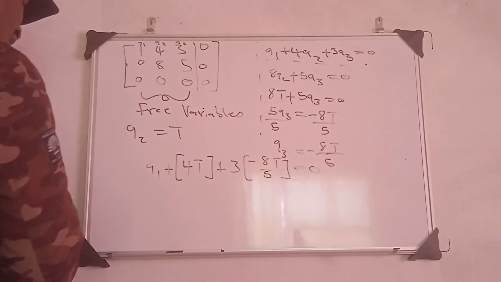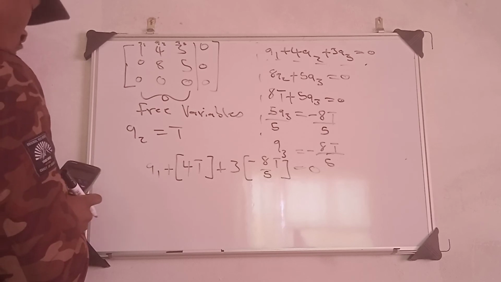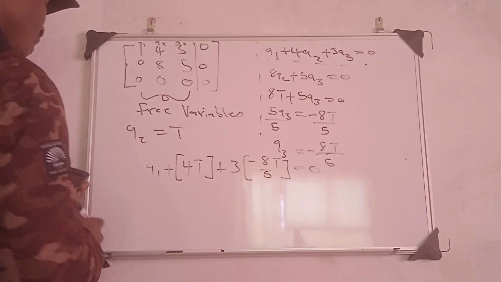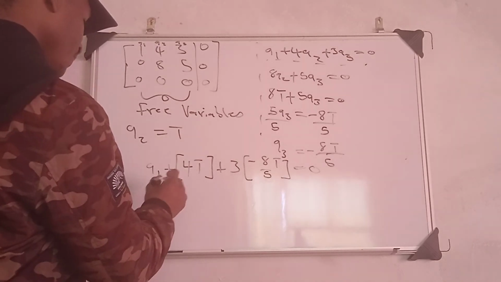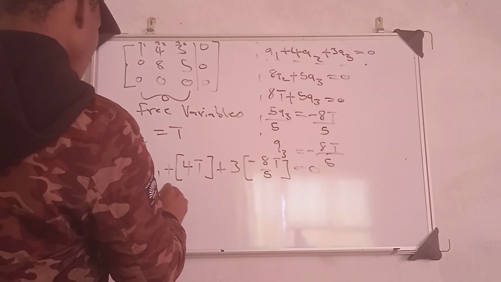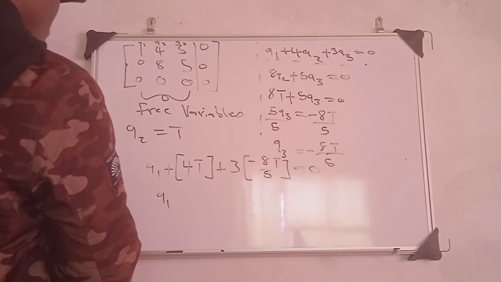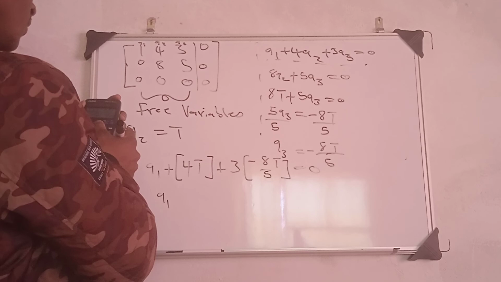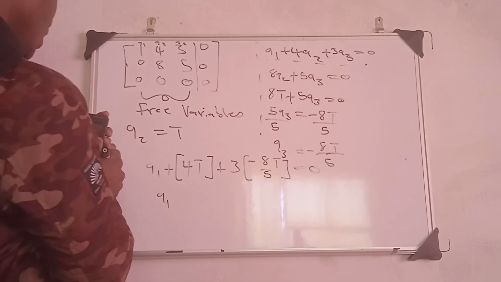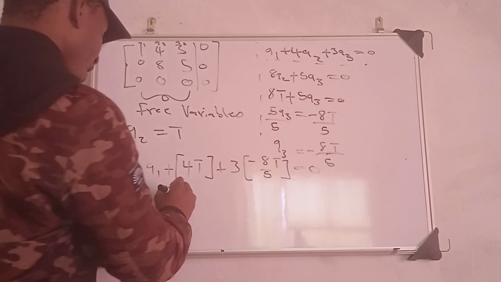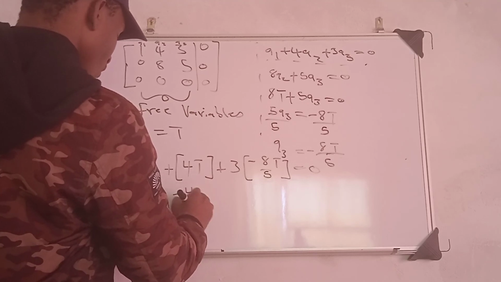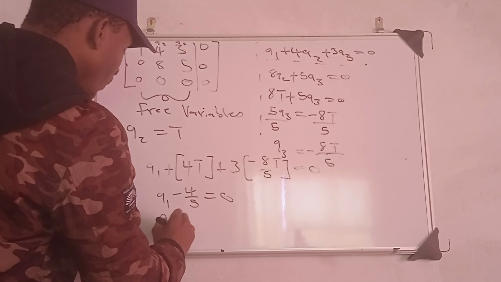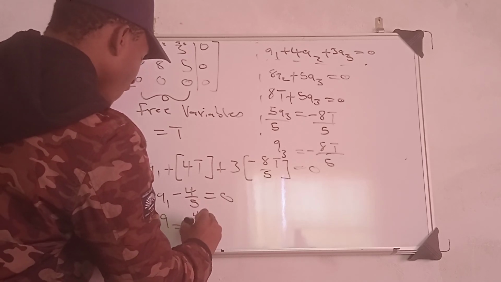So if you can just press it on your calculator, you will realize that you will get something like minus 4 over 5 t. So this will be a1. So let me verify if I did the right thing. Yes, a1 minus 4 over 5 t equals to 0. So my a1 will be 4 over 5 t.